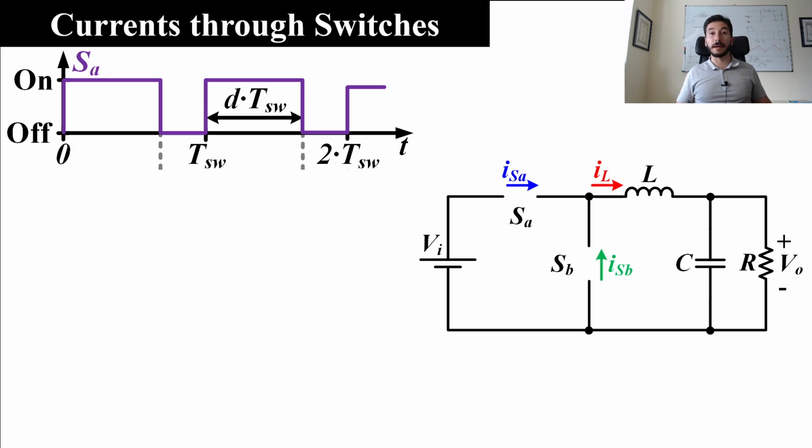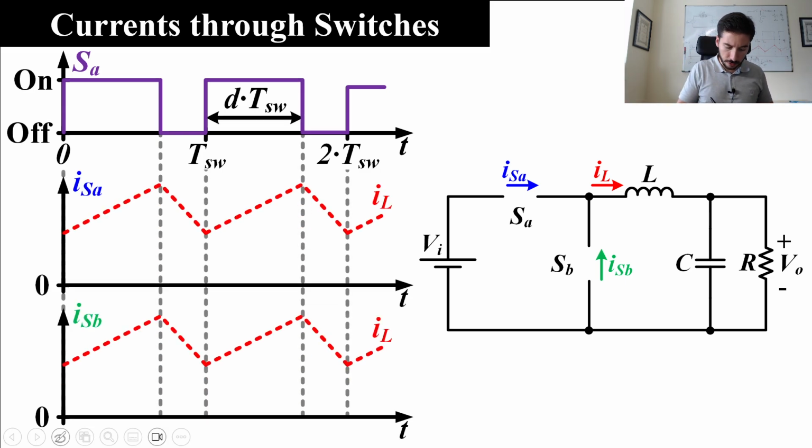Well, let's talk about the current waveform in both switches. Again, we are going to consider the control signal for switch A, and we are going to replace the switches with a short circuit or an open circuit.